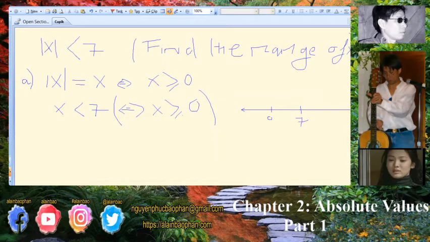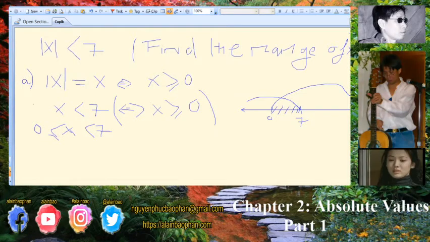So x greater than 0 starts from here to here, and x less than 7 starts from here to here. The intersection right here is the solution for case A: x greater than or equal to 0 and x less than 7.